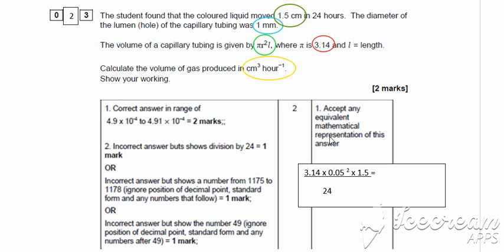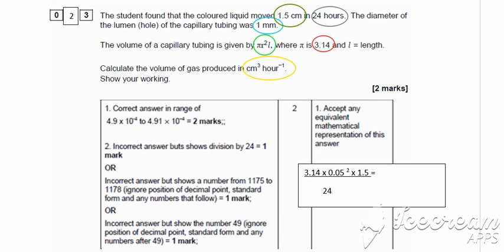We are then multiplying that by the length, which is the 1.5 centimetres. And then in order to calculate the volume produced per hour, we are given how much is produced in 24 hours, so we would need to divide our answer by 24. And that should give us an answer of 4.9 times 10 to the minus 4 for 2 marks.